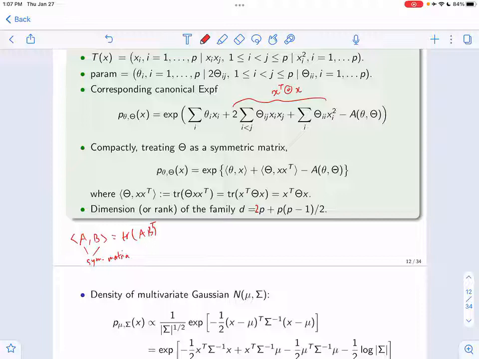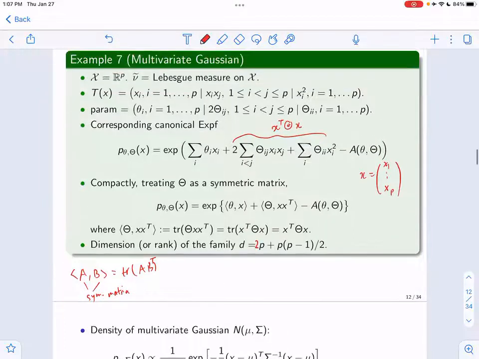You can just expand. X is x1 up to xp, and theta is a p by p matrix, which contains these elements.